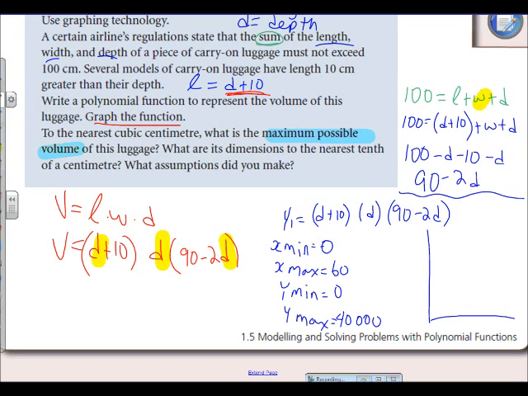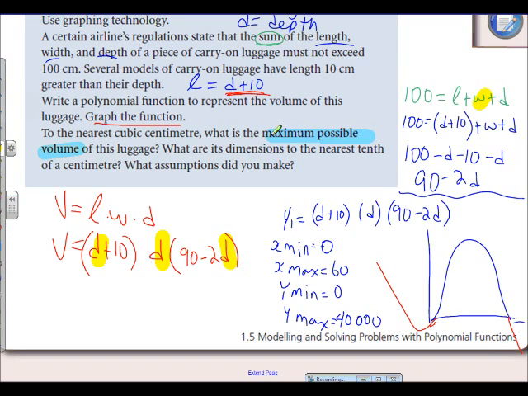When you graph this, you're going to get something that looks like this. Now, if you graphed it seeing all 4 quadrants, the actual graph would have extended like that to be a cubic. But we really only care about the 1st quadrant.